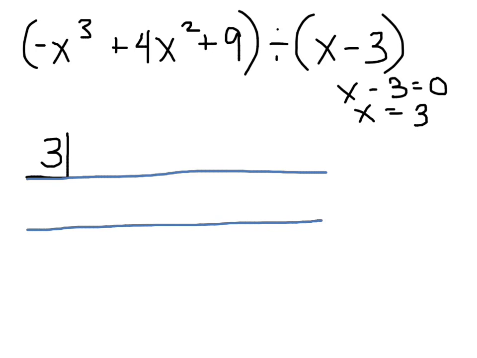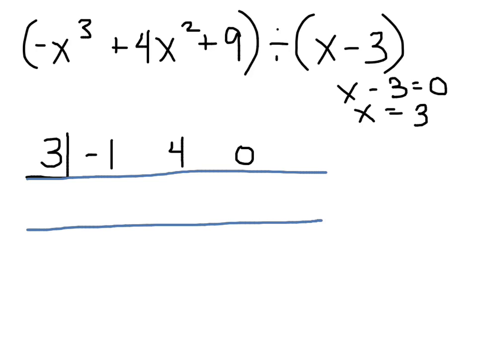Now, on the same line as where the 3 is, I want you to tell me what the coefficients are from the dividend, from the front stuff. What's the lead coefficient? Negative 1. Now leave a space. What's the next coefficient? 4. Then leave a space. What's the next coefficient? None. No. 0.